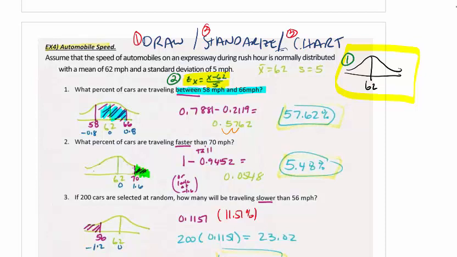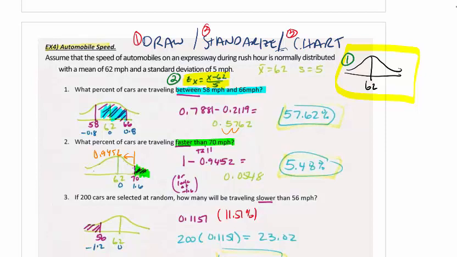So on number 2, we're going faster than 70 miles per hour, and 70 miles per hour is bigger than our mean, so it's on the right. It is a tail, so remember there's 2 different ways to do it. If we do it the absolute way and we use the positive 1.6, we're going to pull the 0.9452 off of the chart, and we're going to subtract from 1, because the 0.9452 actually is from that number all the way to the left.